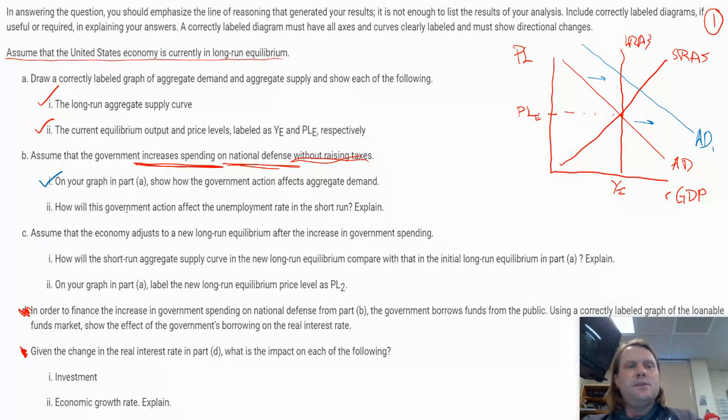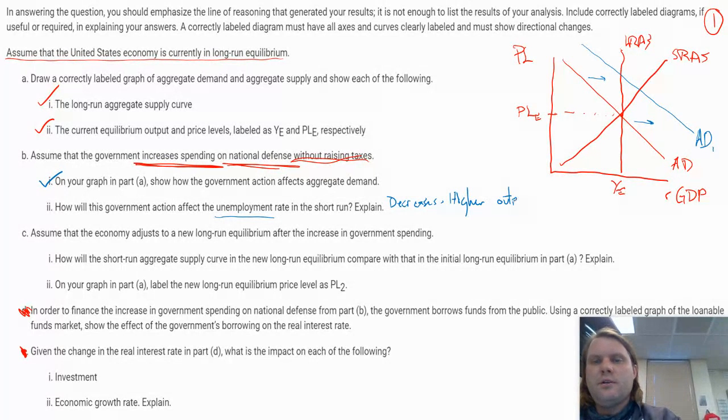It says, how's this government action going to affect the unemployment rate in the short run? As we said, from left to right, this also represents employment. If we go from 0% employment up, our employment increases. Read things carefully: unemployment rate goes down. So it decreases due to higher output levels.